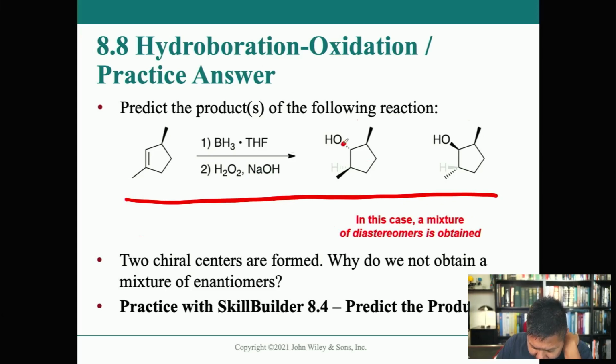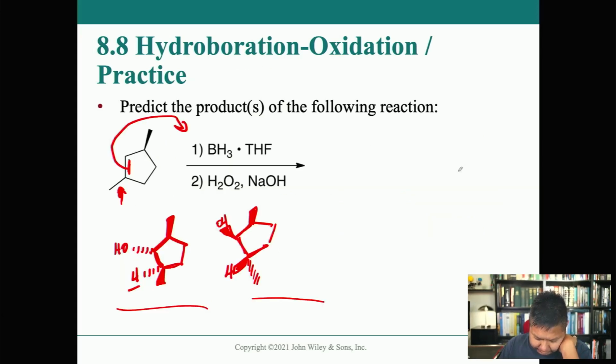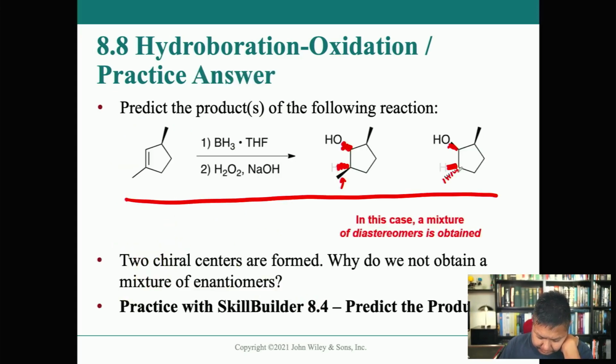So we have the OH there going into the back of the page, and the hydrogen here going into the back of the page, and then the methyl comes out of the page right there. And here we have the OH going out of the page with the hydrogen going out of the page, and then our methyl group going to the back of the page. I think it's the exact same thing I drew. Yep, that's exactly what I drew.